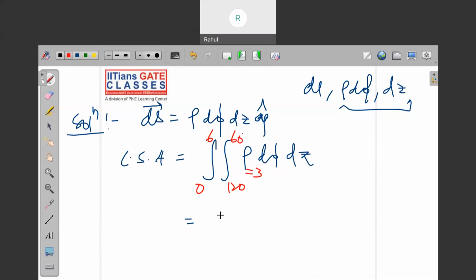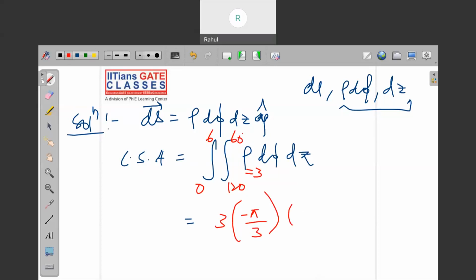So now it will be 3, and if you take the difference between this, 60 that is pi by 3, and this is 120, you can compute this. After all, 60 minus 120, that is minus 60, and minus 60 means minus pi by 3.